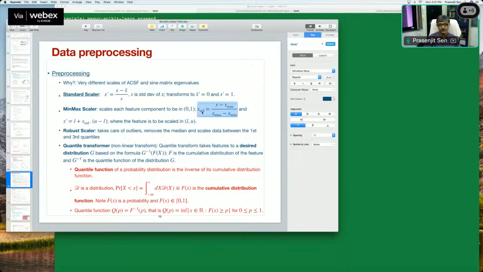If you just use this relation, then it will be scaled between 0 and 1. Or if u to l is your intended range, then you can do a further transformation. So the variable x primed is now between u and l.